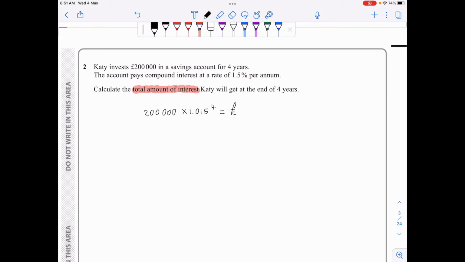Plugging all of this on the calculator is giving me 212,272 and 71 pence, and this is the total amount of the investment. If I deduct the 200,000, I get the 12,272.71, which is my final answer for question 2.